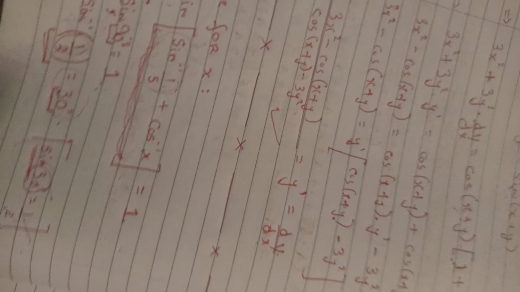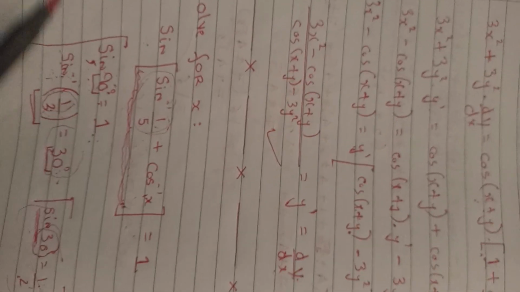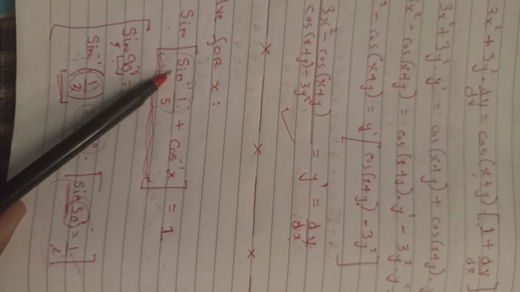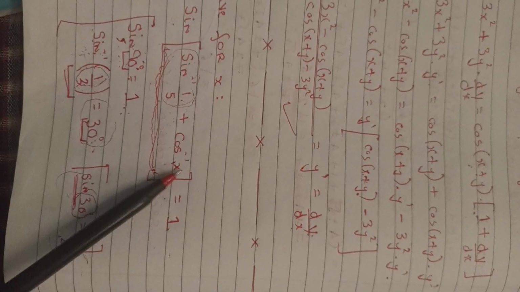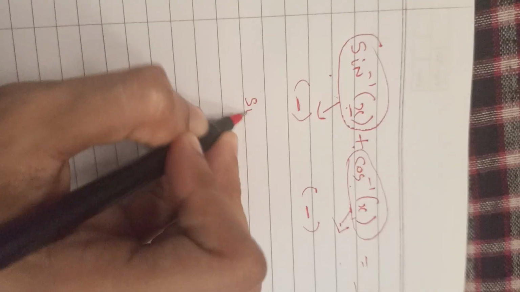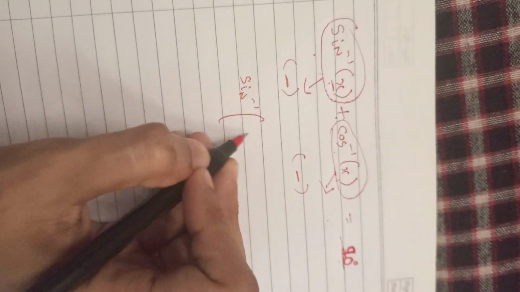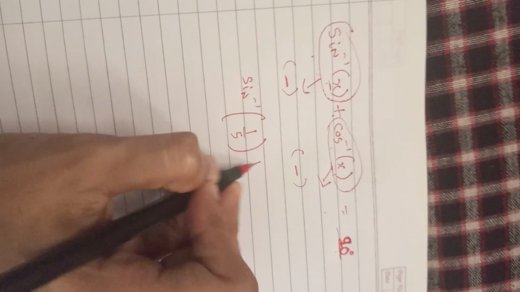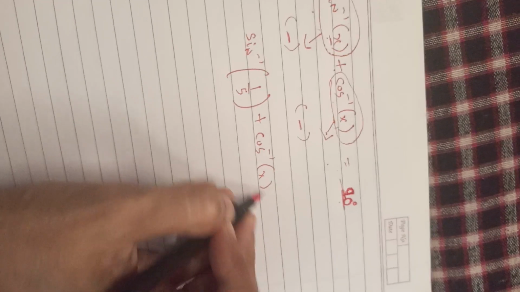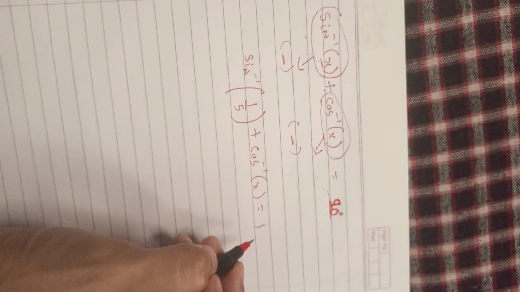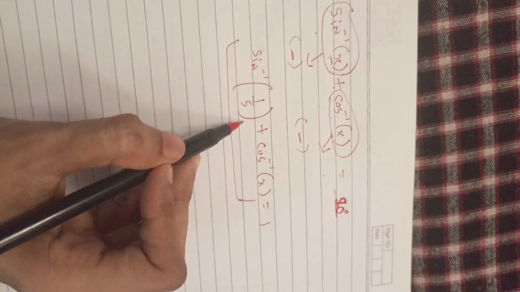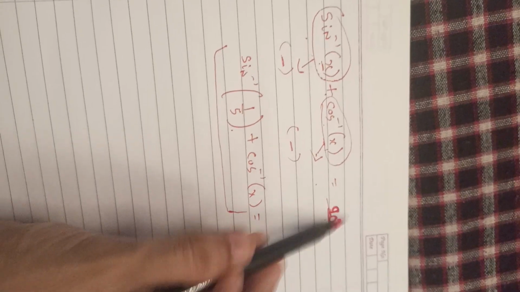We can indirectly state that sine of some angle equals 1, so the angle is 90 degree. So we can write sine inverse of 1 over 5 addition of cos inverse x, and we know that the whole particular value is nothing but 90 degree.